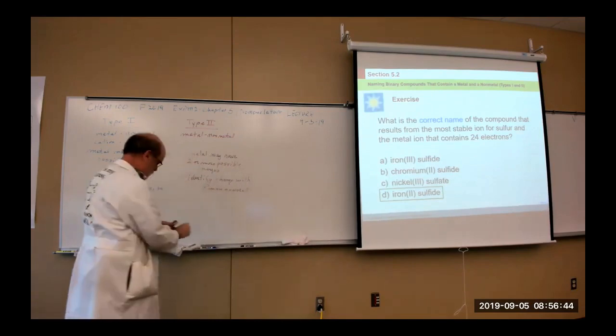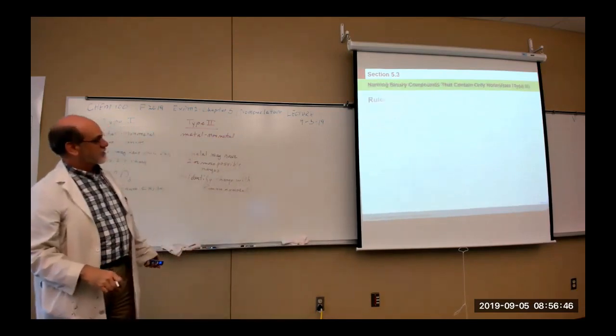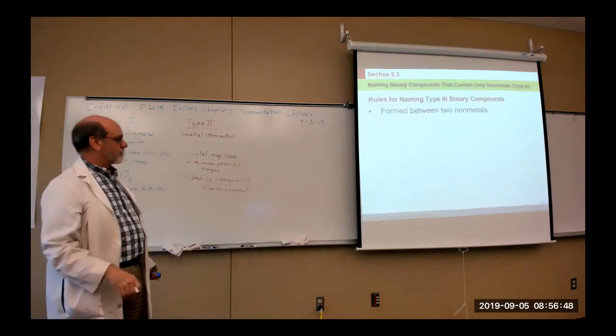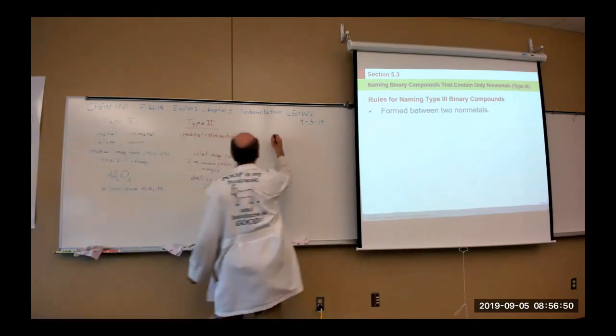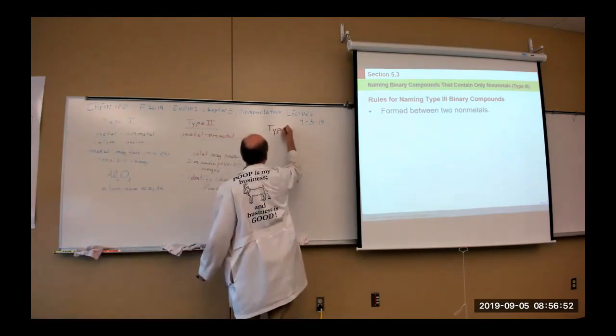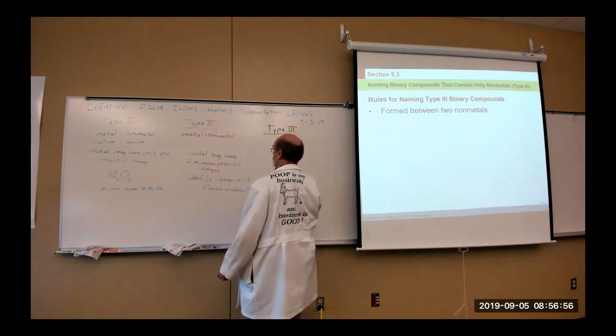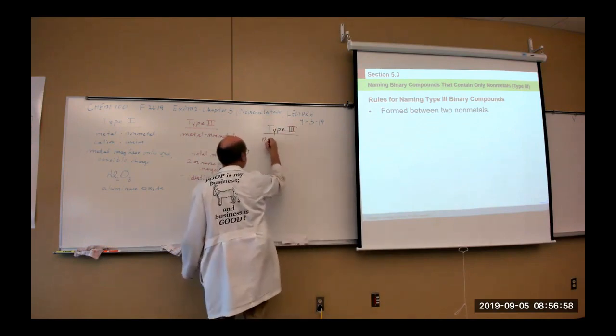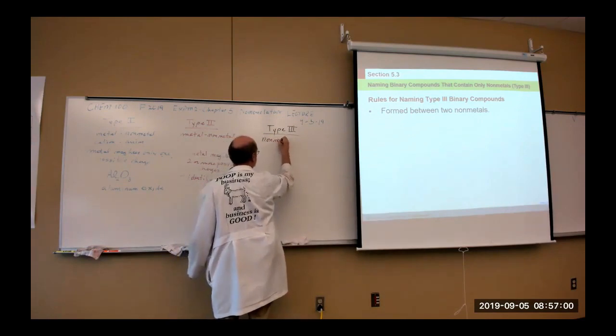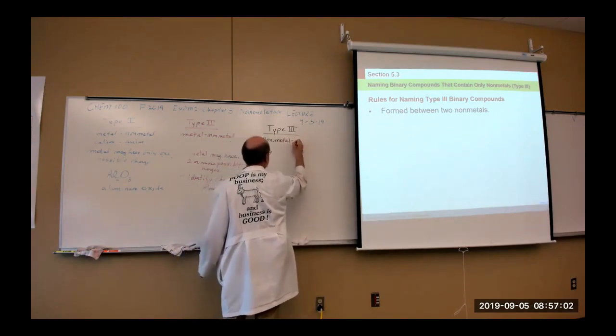Now we need to get on to type 3 compounds. We're still talking about binary compounds, but in type 3 we have a non-metal and a non-metal.